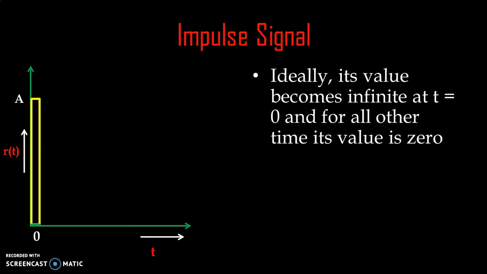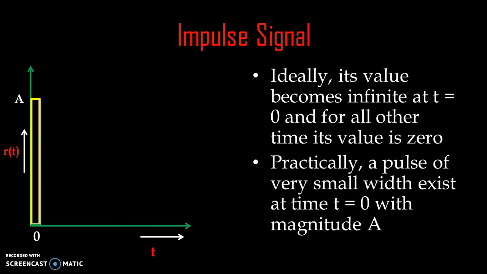But practically it may not be possible, so we have identified the signal with very small pulse width. Practically a pulse of very small width exists at time t equal to 0, and the magnitude of the signal is equal to A.